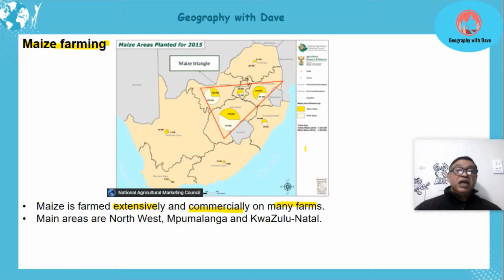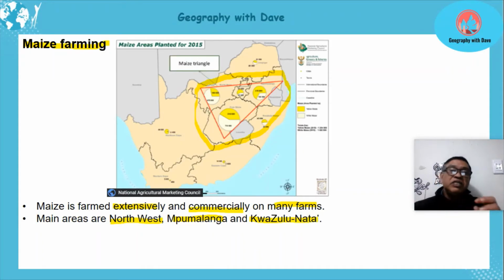Of course, our main areas are around here. We look at places like the Northwest, Mpumalanga, KwaZulu Natal. Big areas for maize farming. Huge. Not that it's not farmed everywhere else, but it's much smaller there.